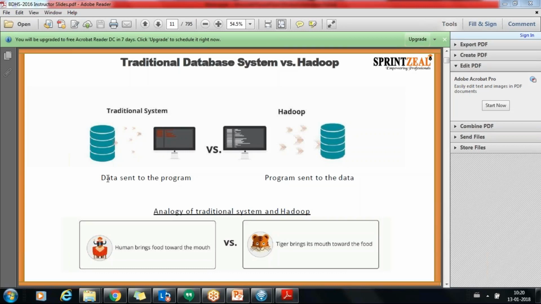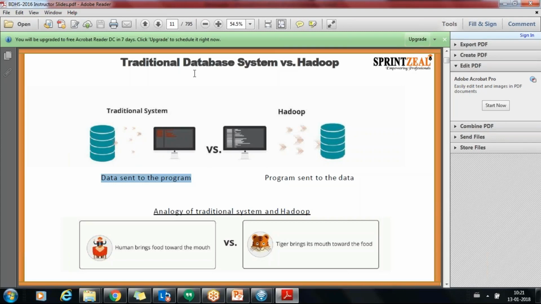So data is sent to the program. That's what a traditional system does, right? You connect, you get the data towards the program, and then you perform whatever computation you want. Now, in Hadoop, it's just the opposite. And this fundamental difference is the way all distributed computing works nowadays.